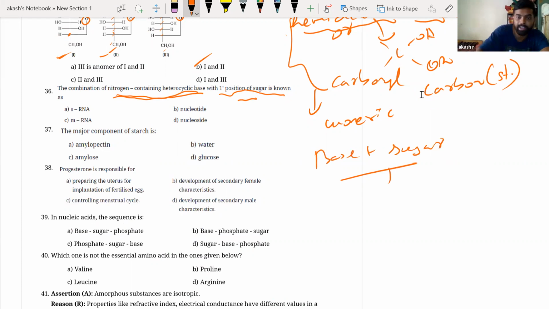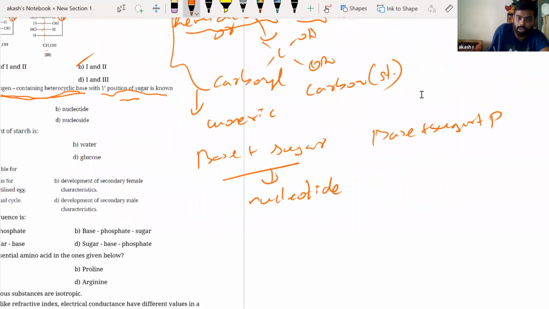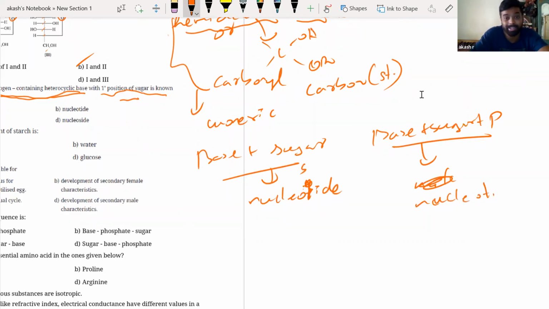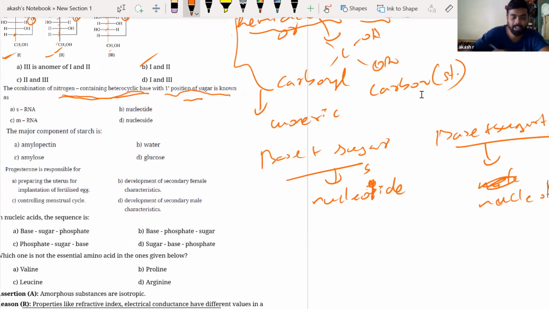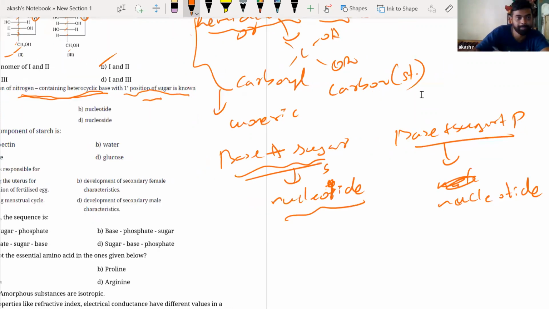Oh sorry, base plus sugar is the nucleoside, and with the phosphate this is your nucleotide. So all you have to look for is nucleoside, because talking about base plus sugar, which is nothing but nucleoside. Nucleoside is right here, B.